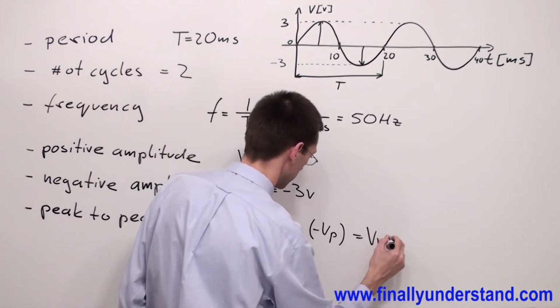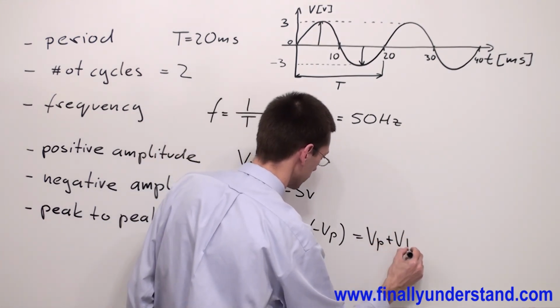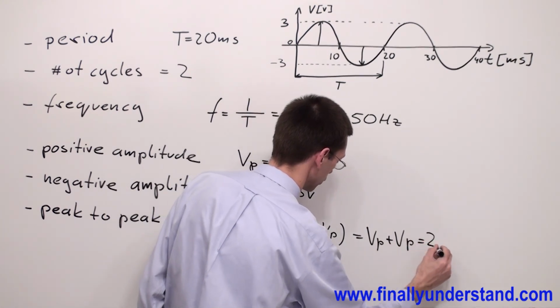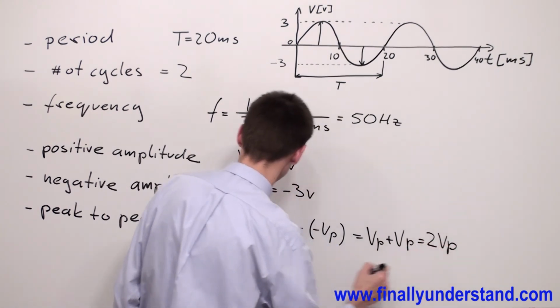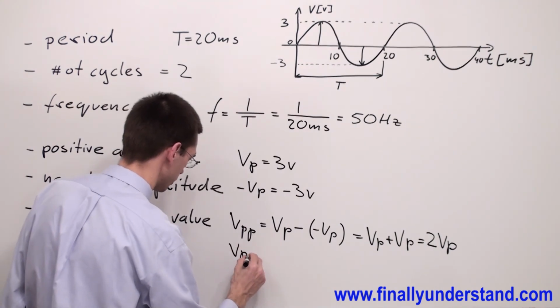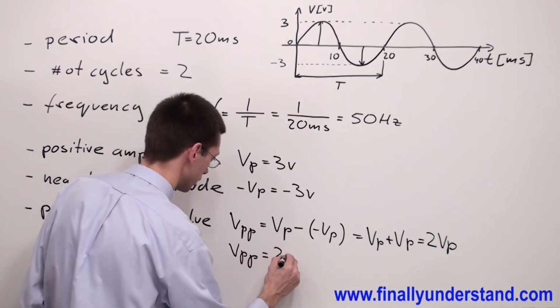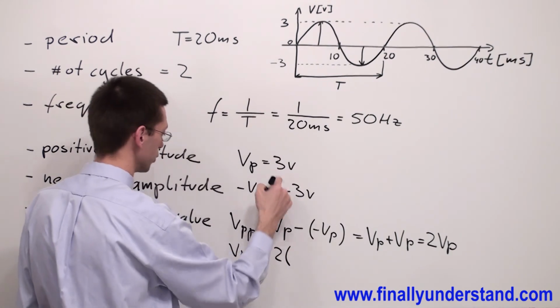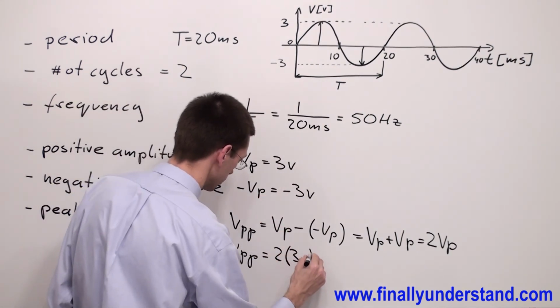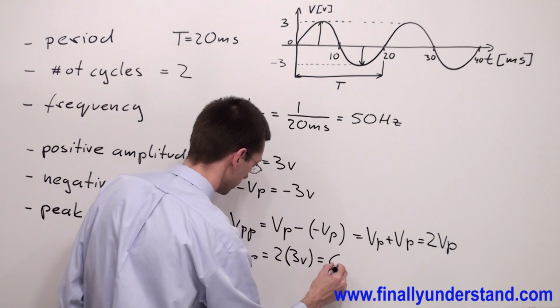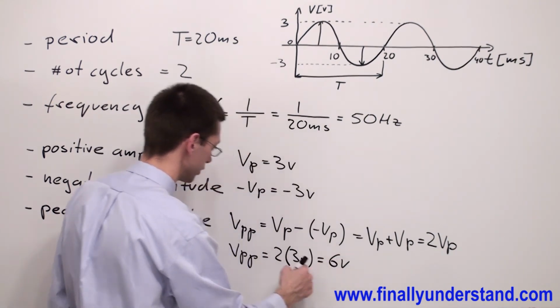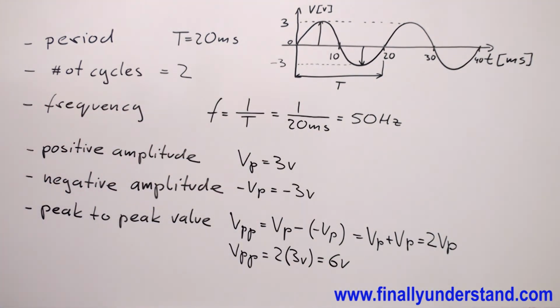So I have voltage peak plus voltage peak is equal to 2 times voltage peak. So my voltage peak to peak is equal to 2 times my voltage peak, which is 3 volts, which is equal to 6 volts. These are the solutions to the problem.